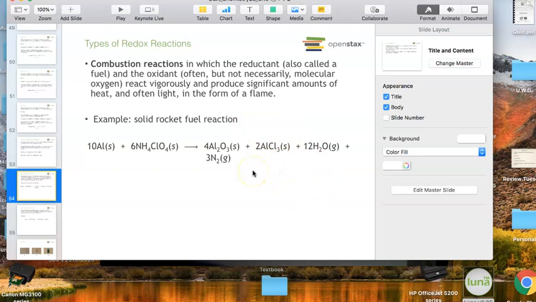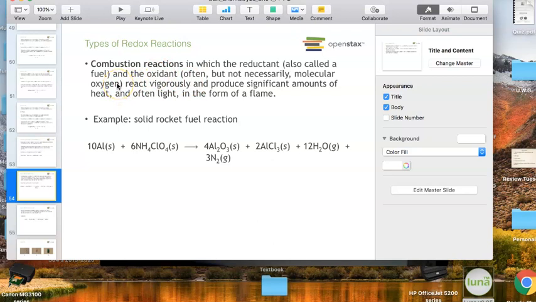So here's an example of a solid rocket fuel reaction. Here we have aluminum and solid rocket fuel that's going to react and produce these products. So the fuel is going to be the reductant, and the oxidant is going to be oxygen.